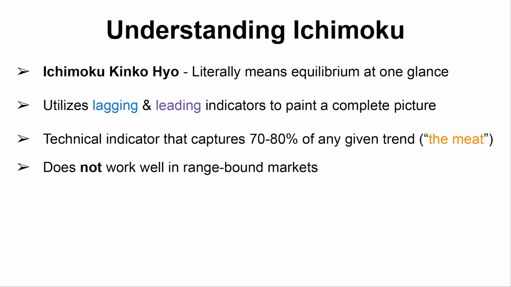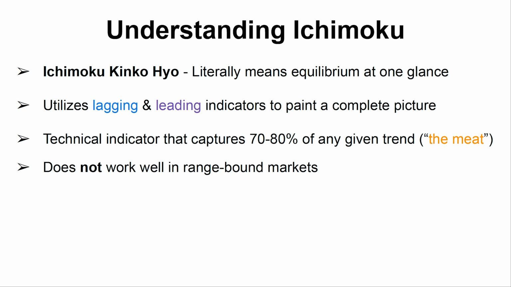Ichimoku is essentially a trend identification system. It has both lagging and leading elements that help create the clouds on the chart. It also employs moving averages in its calculation. But instead of using the closing price of candlesticks, it utilizes the mean or the average of the high and low for the period being analyzed.